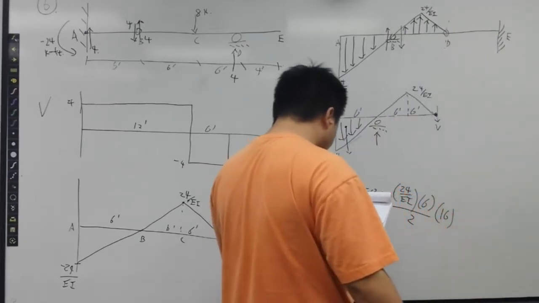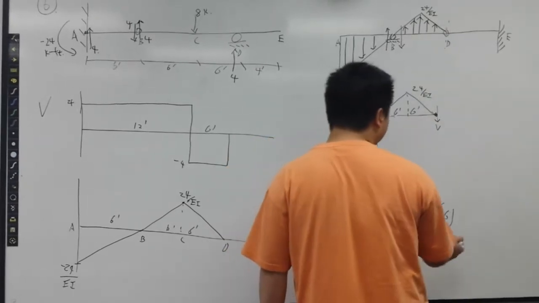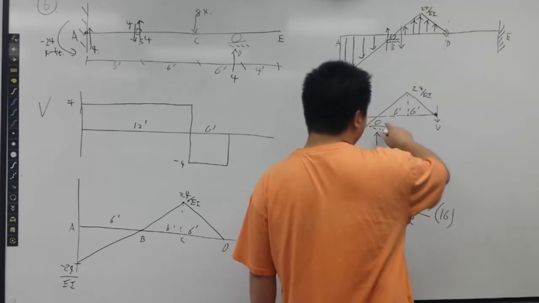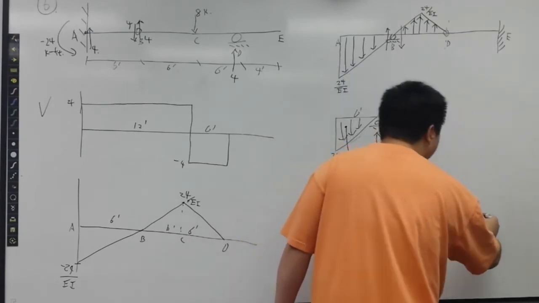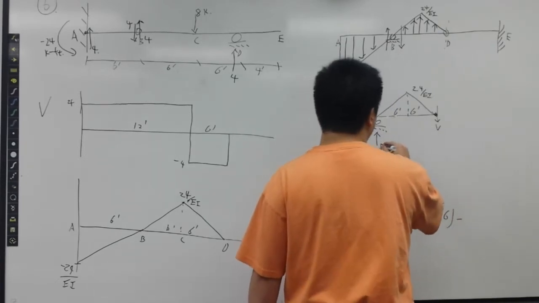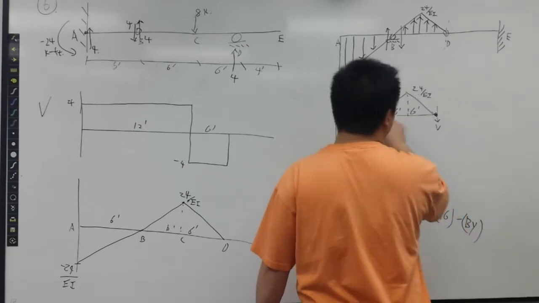That's how I do it. 16. And for this one, it's going up, so negative. This one is By, By times 12.